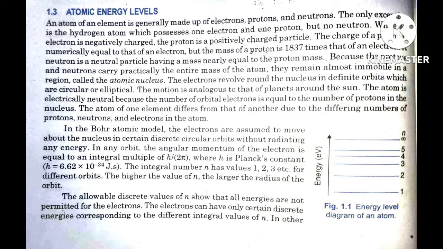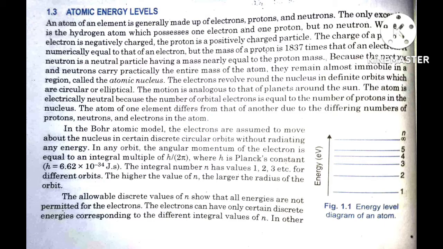In the Bohr atomic model, the electrons are assumed to move around the nucleus in certain discrete circular orbits without radiating any energy.